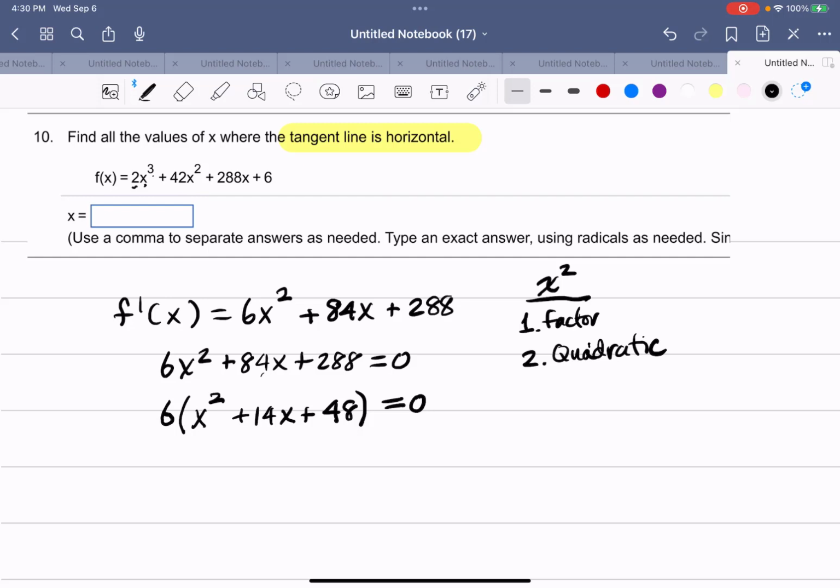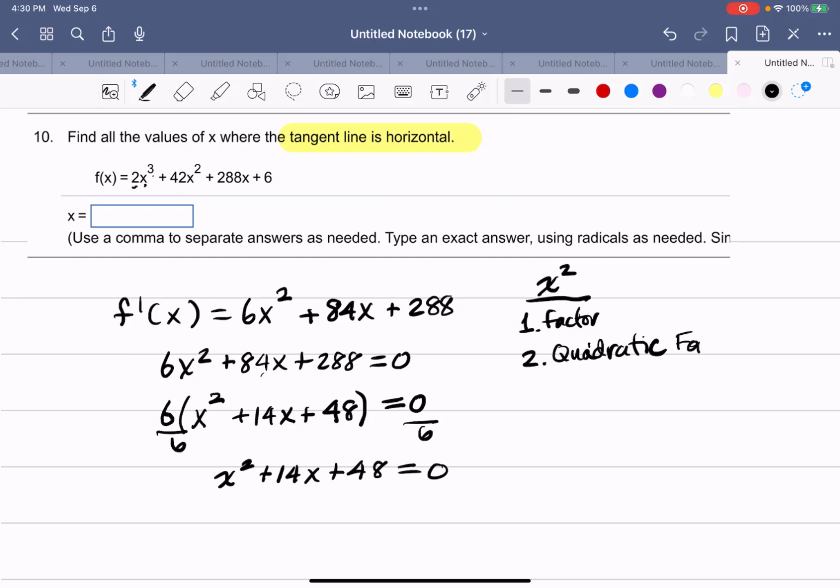Now we can divide both sides by 6. And basically we're just getting rid of that 6. So it doesn't affect our answer. Now this would be a lot easier to factor or do in the quadratic formula. And I can tell you that most of the ones will be easy to factor, and they take a lot less time than the quadratic formula.